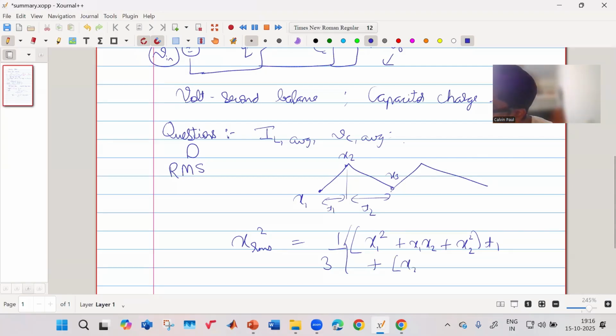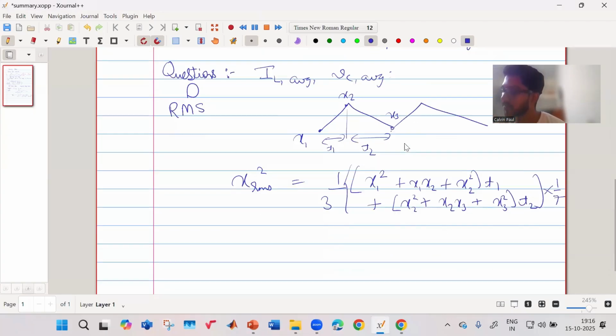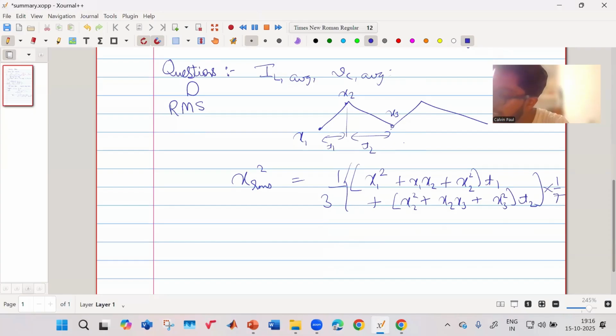plus (x2 square plus x2 into x3 plus x3 square) into T2, the whole divided by T. Okay, it's not neat. Let me write it neatly again. Your x RMS square is equal to 1 by 3.